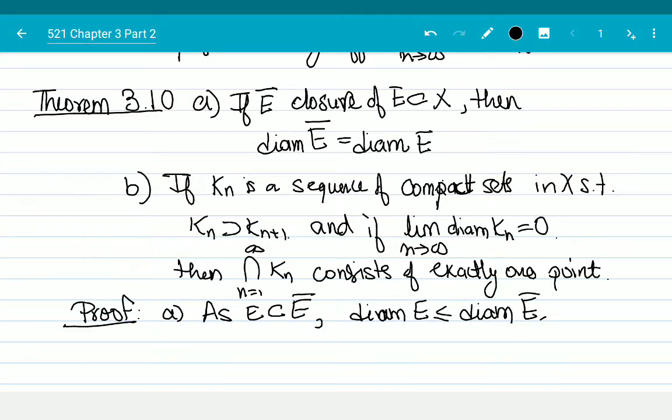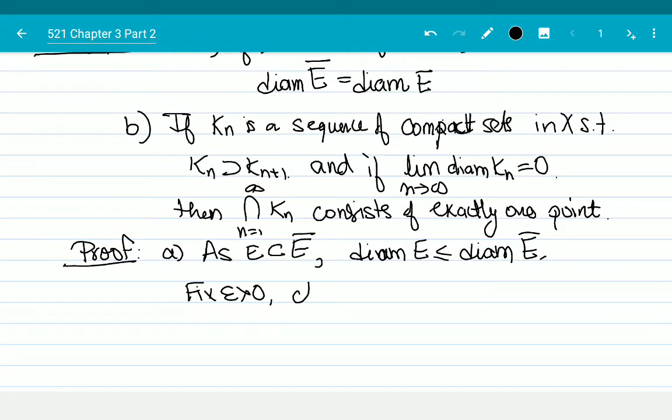As we are looking at the supremum. So now to show that the diameter of E is greater than or equal to the diameter of E bar, or we have to show that they are strictly equal, fix epsilon greater than 0.